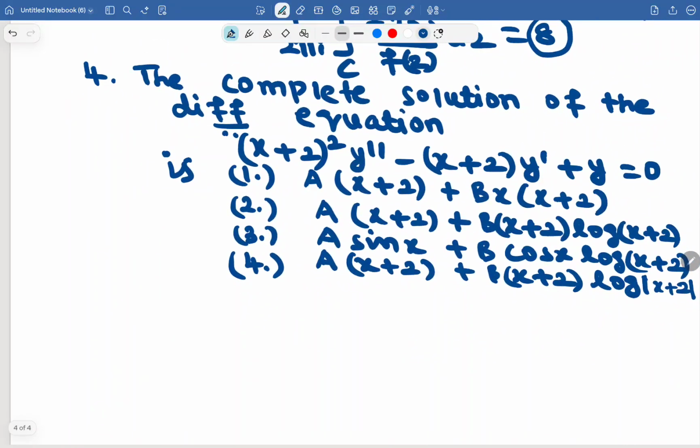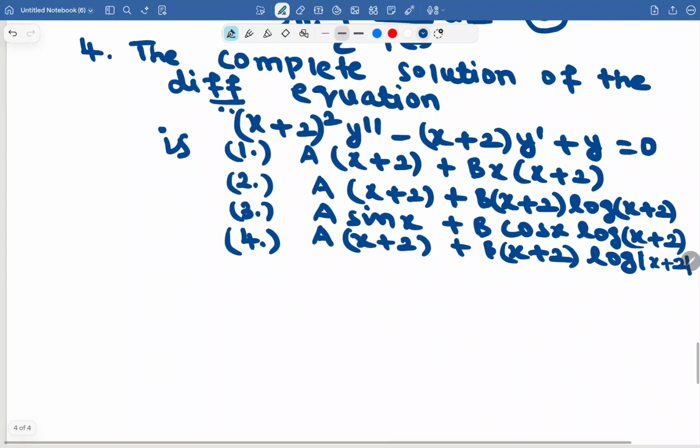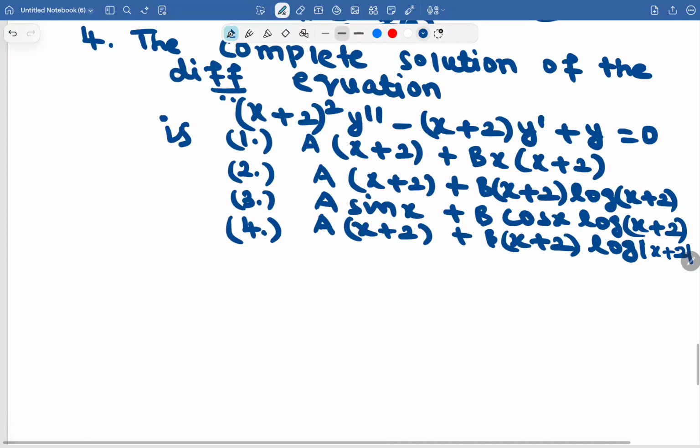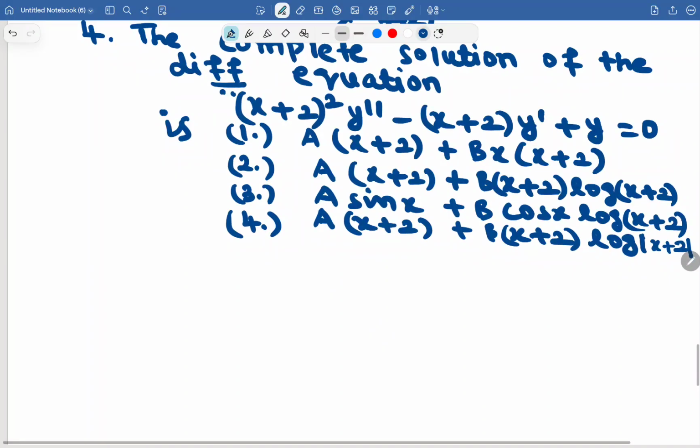For this problem, we have to find the complete solution, which is of the form x plus 2 whole square y double dash minus x plus 2 into y dash plus y equal to 0. Among the four options, which one is the correct option for this second order differential equation?